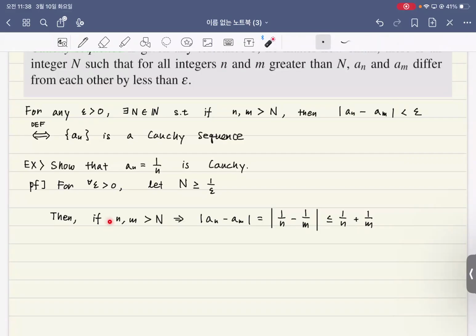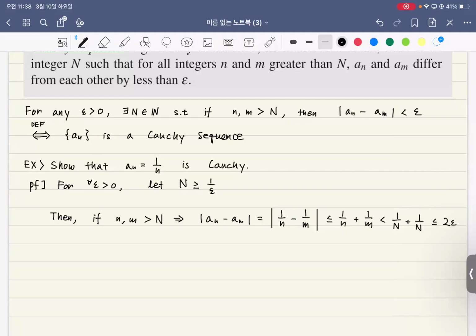But since these two indices were greater than n, these are less than 1 over n and less than 1 over n. Because of this, these two things are also less than 2 times epsilon. I know there are some of you who don't like the existence of some constant multiple, but you know what I mean. Being able to show that something is less than some constant multiple is actually the same as less than epsilon. So this proves the theorem.